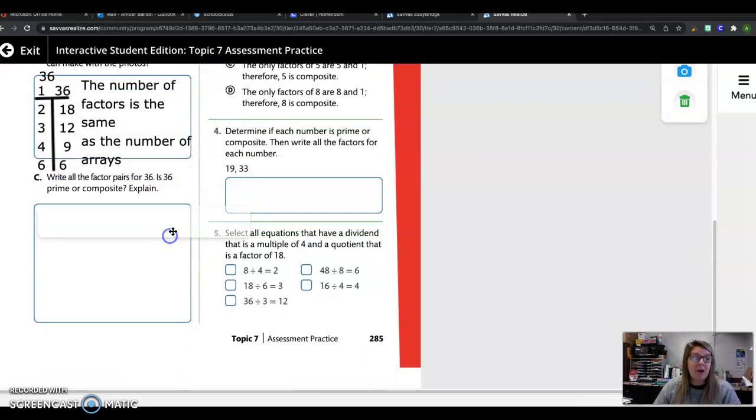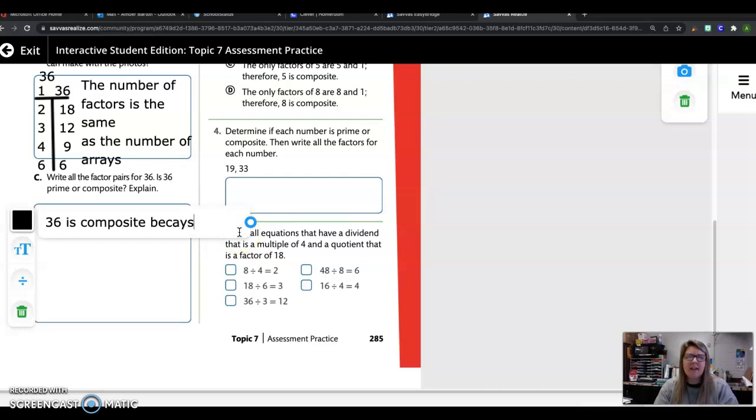It is a composite number. So we can say 36 is composite. And then can someone tell me why is 36 a composite number? Kelsey, tell me. It has more than 2 factors. Yeah, we know that 36 is composite because it has more than 2 factors.